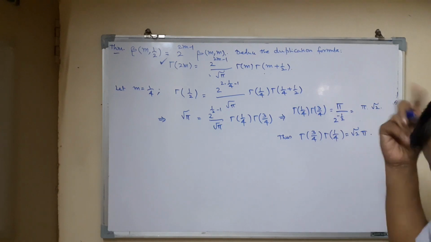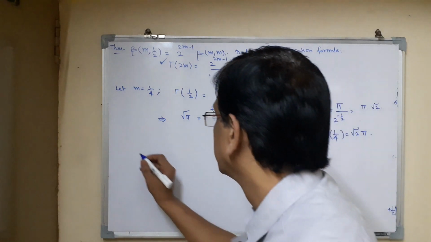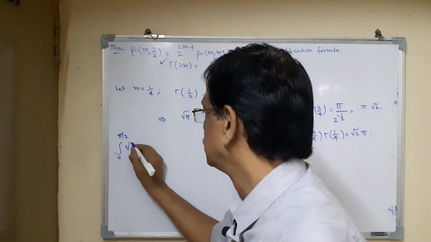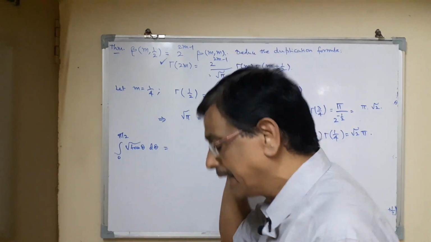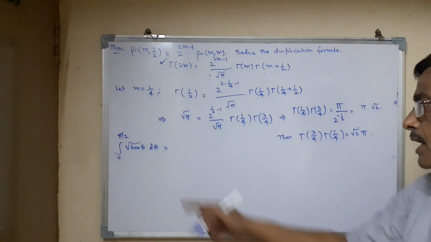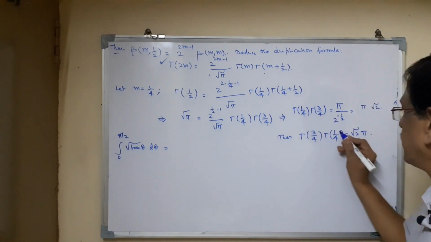Now I will again recall a problem which I have done already. Integral 0 to pi by 2 root tan theta d theta. In my previous lecture, I told you that integral root tan theta d theta, I had assumed this.